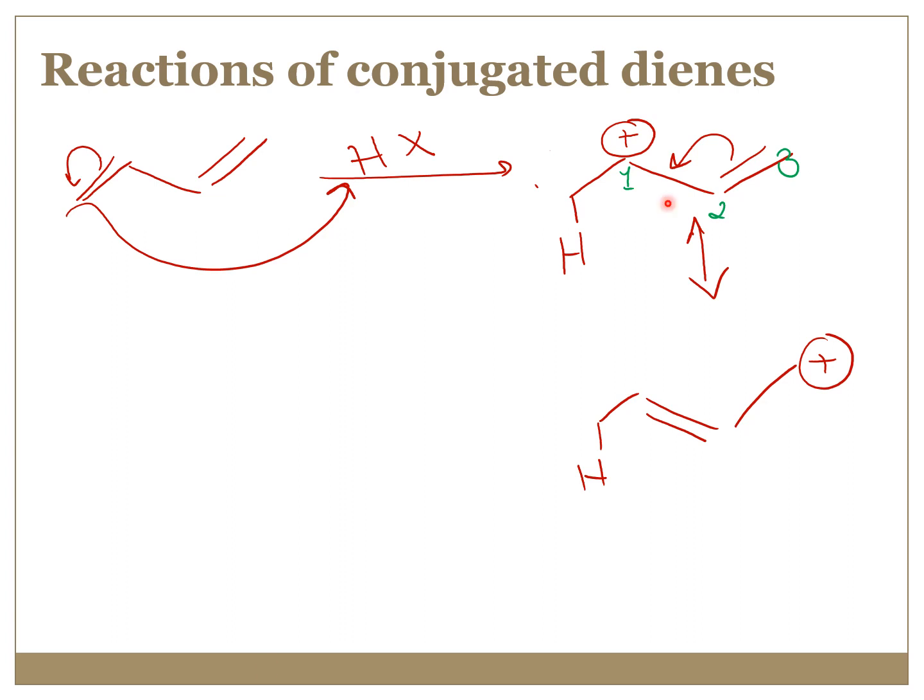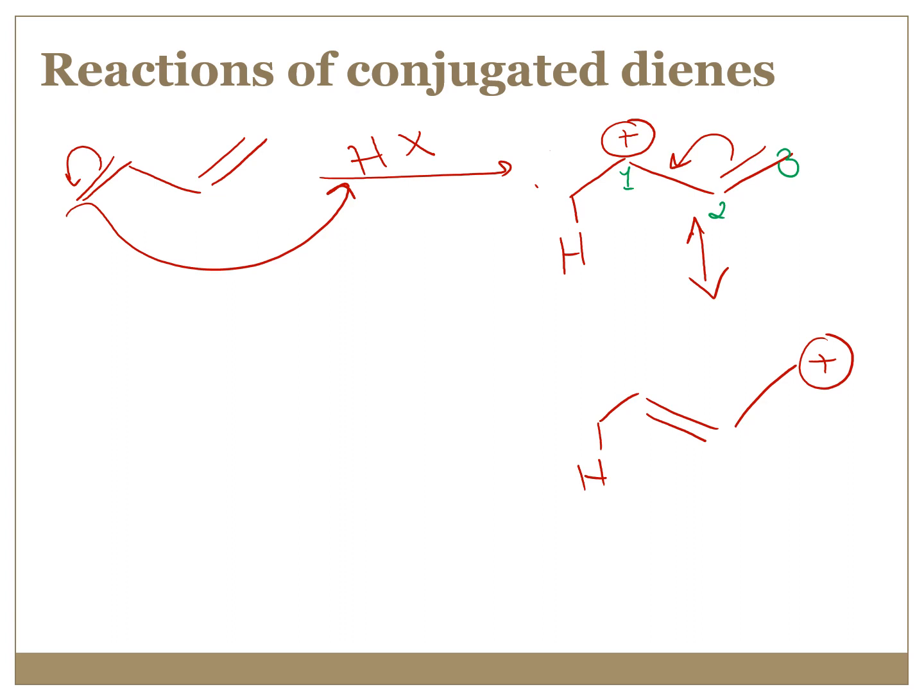Resonance occurs when you have 3 carbons, 2 of which are attached by a single bond and the other 2 are attached by a double bond, and you have a charge on carbon number 1. You move the charge from 1 to 3 and you exchange the single with the double bond.